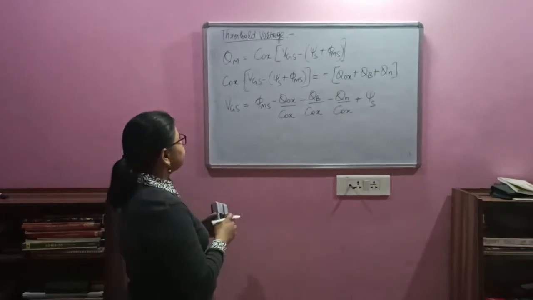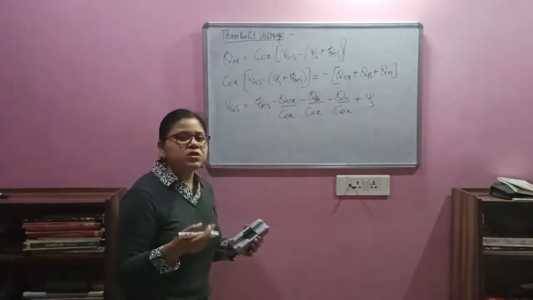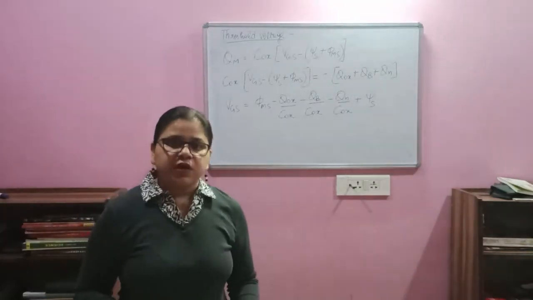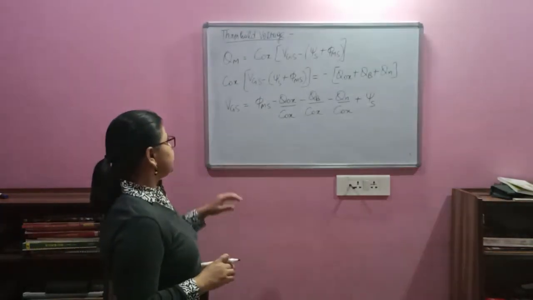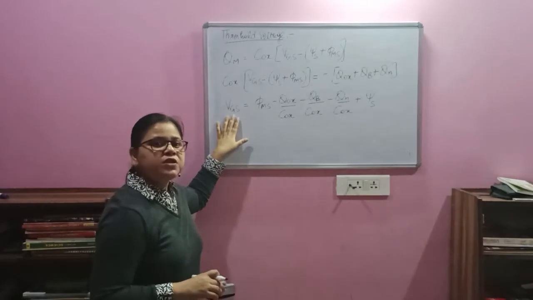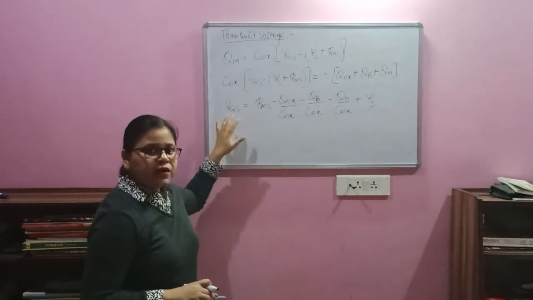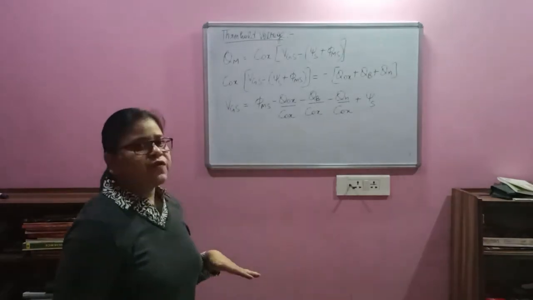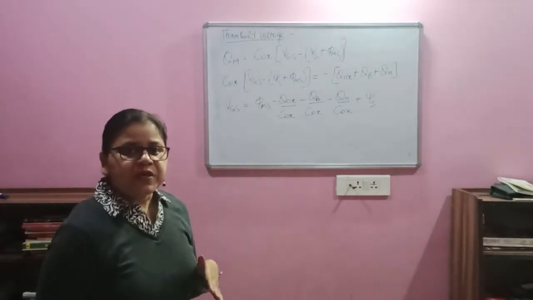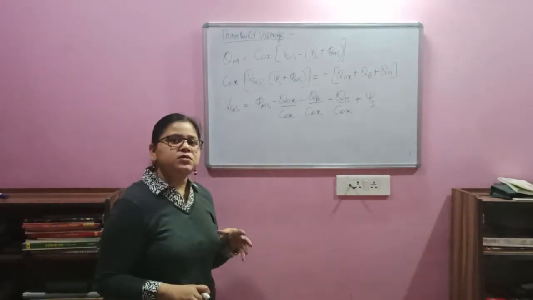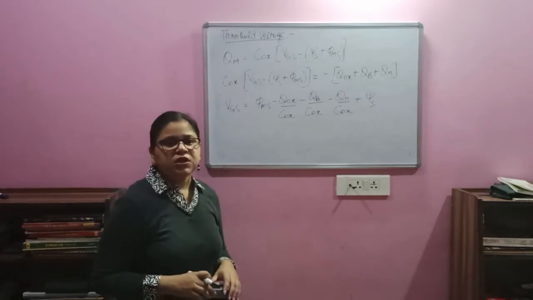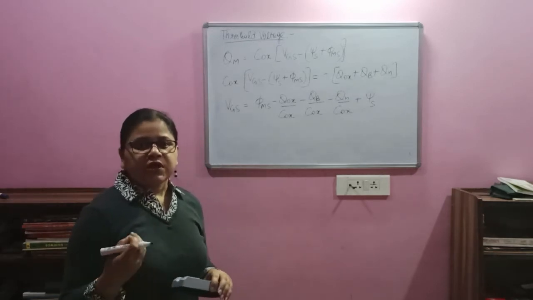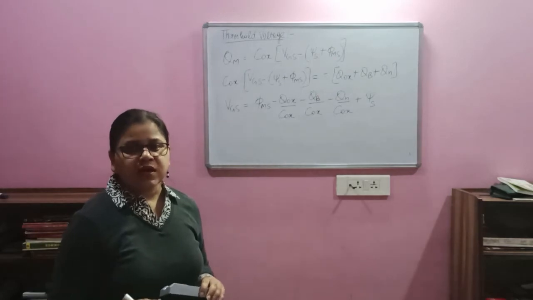Now this VGS over here is the gate to source voltage. Source is taken as the reference terminal in the case of a MOSFET, and all the voltages, whether input or output, are considered with respect to the source terminal. Now as we are defining the threshold voltage, it is the minimum gate to source voltage required for the device to start current conduction.